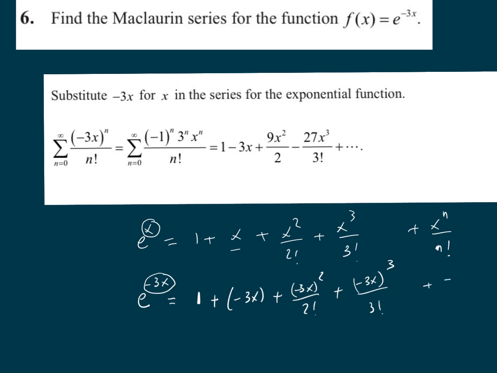And when I see the x, I will put minus 3x to the n divided by n factorial. So this is the power series representation of e to the minus 3x done by starting with the power series of e to the x. Okay, let's go to the next.